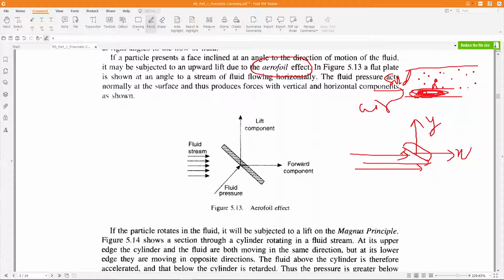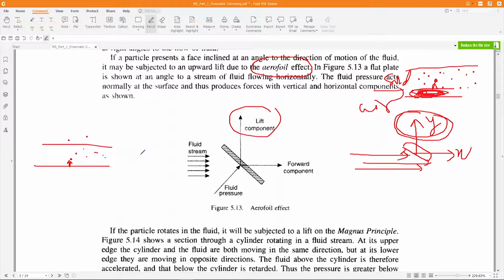The y component of this drag force will be the lift component. Because of this y component, since we are talking about horizontal transport, the particle will be lifted upwards, so it will remain suspended.